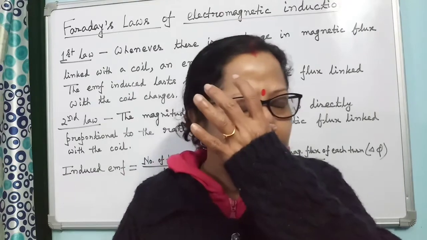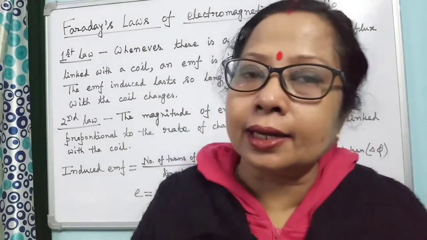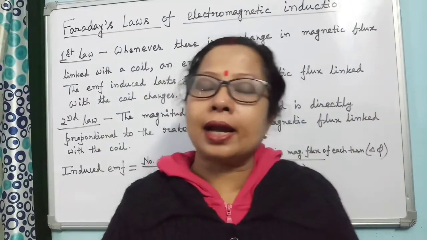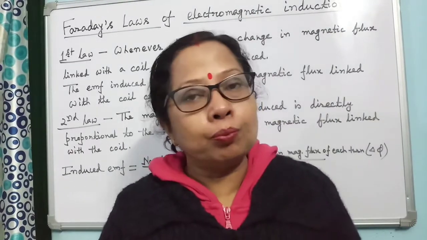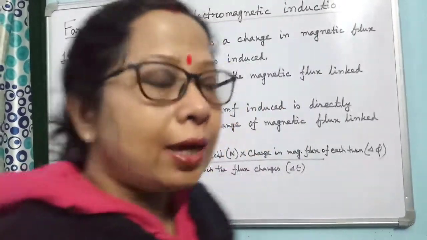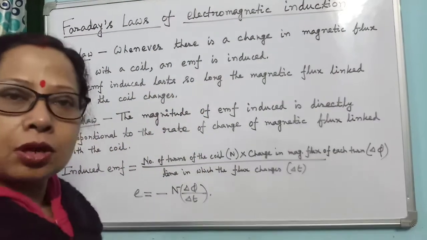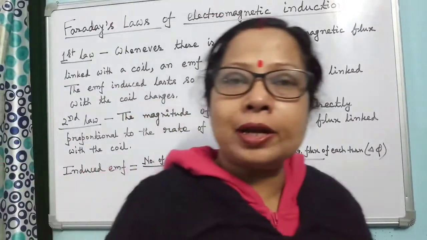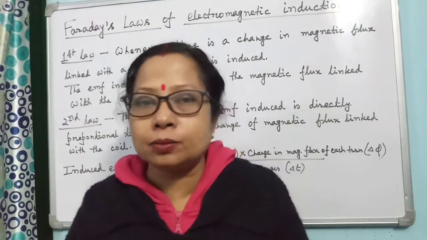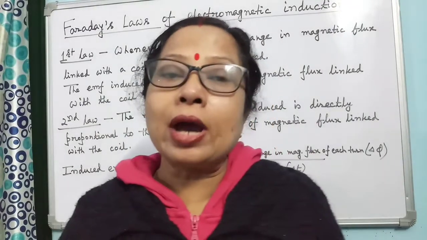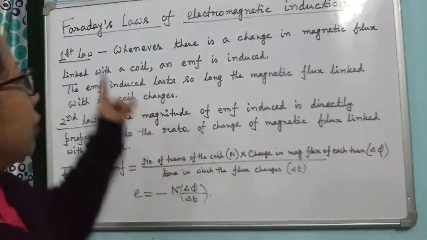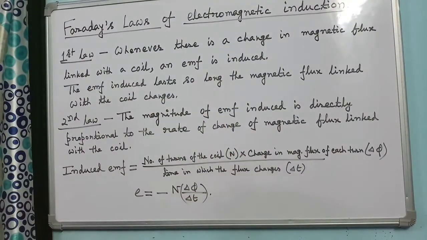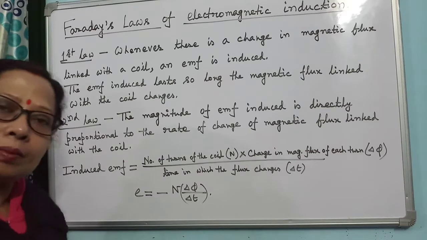It may not be a magnet, it may be a current carrying conductor also, because you know a current carrying circular loop also behaves like a pole. Alright, so you see the statement for the first law. As you know, you cannot change the statement of a law on your own. You have to follow exactly what is given. That's why everybody should note down, learn and remember the first law statement.